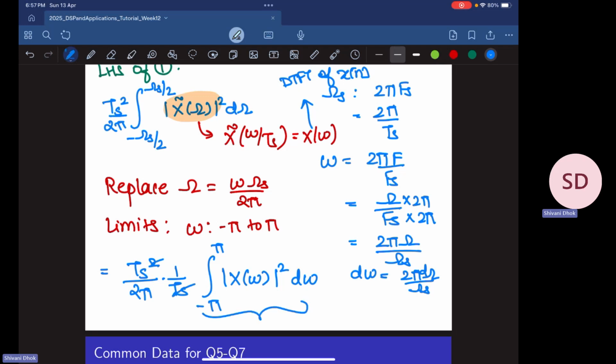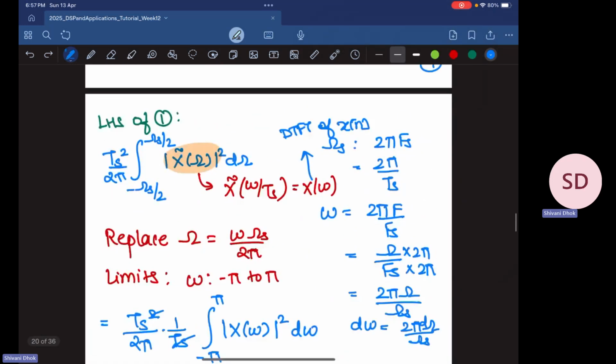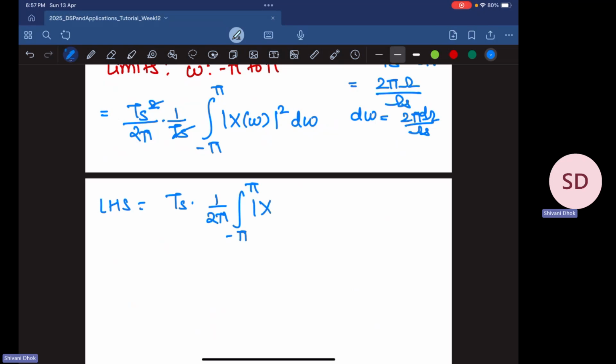Using Parseval's theorem, let me write it properly. This is not right. So LHS is Ts into 1 over 2 pi integral minus pi to pi magnitude of x of omega square d omega.